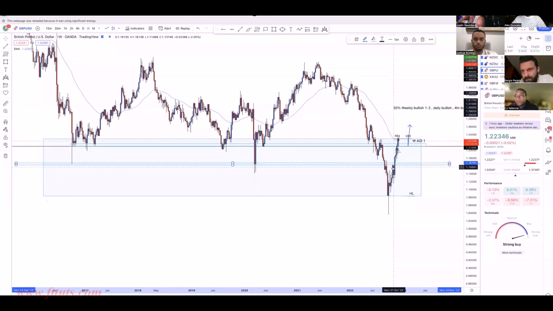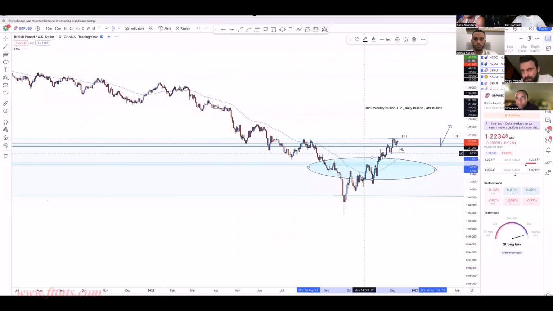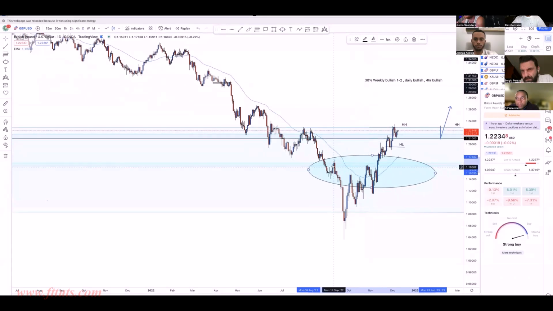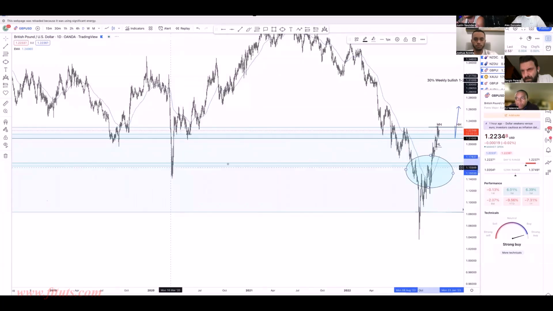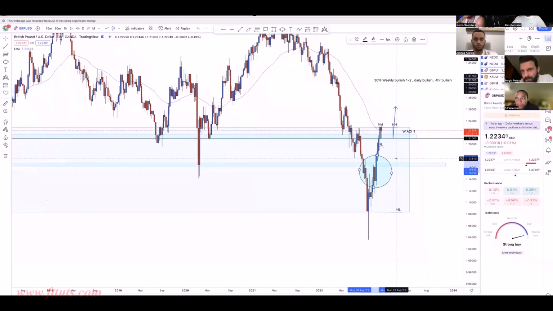I personally would not count this as weekly structure points, but if we go down to the daily, I'm extremely sure this looks beautiful on the daily. So yeah, you can see how on the daily it's marked off as strong level of resistance, some support throughout here. But on the weekly, I wouldn't really mark it off as an area of interest.